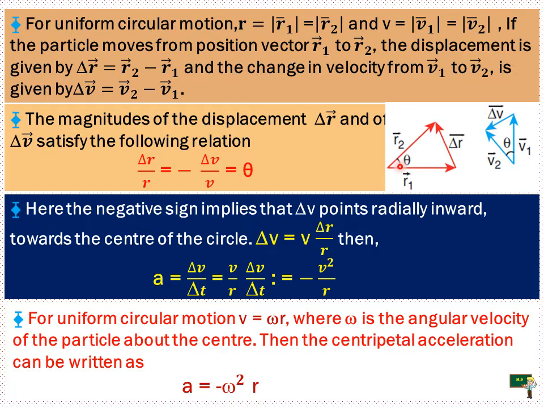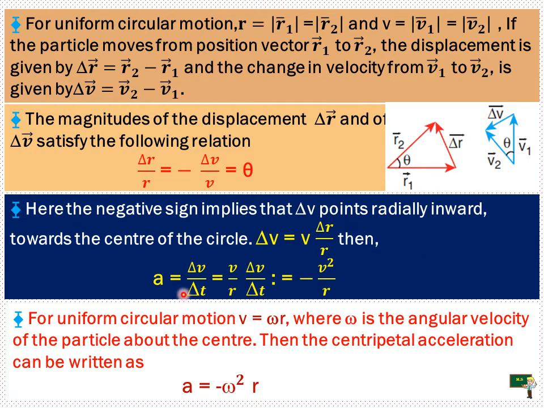The negative sign implies that del v points radially inward, as in centripetal motion the particle moves towards the center. So del v is radially inward, towards the center of the circle. So del v is equal to v into del r by r.